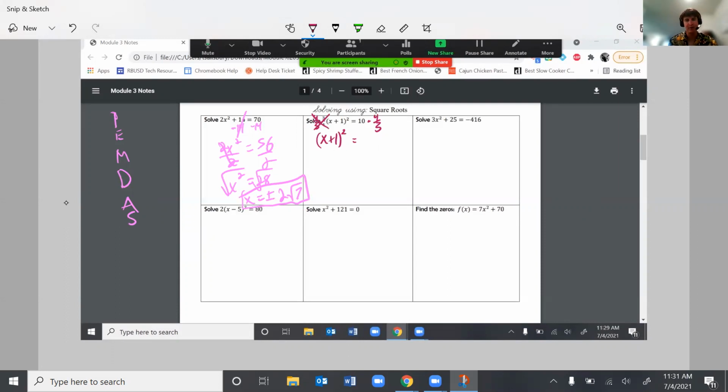I don't think that divides evenly. Nope. So we just end up with 40 over 3. Okay. Take the square root of both sides. X plus 1 is equal to the square root of 40 over the square root of 3.